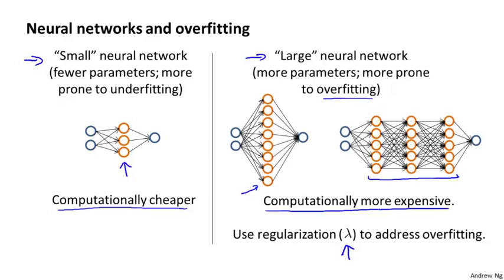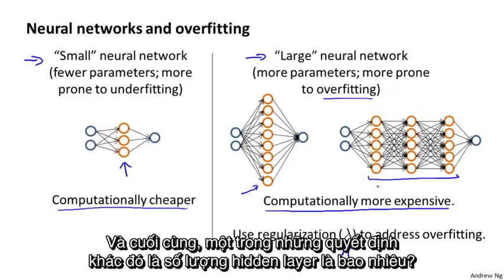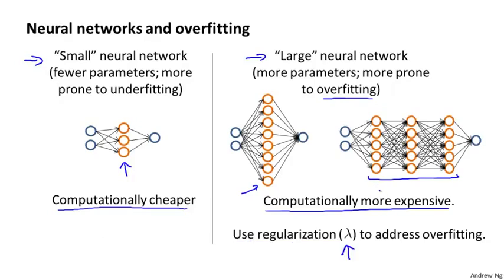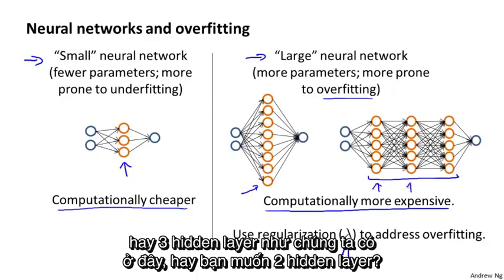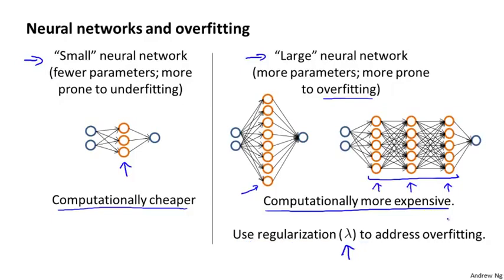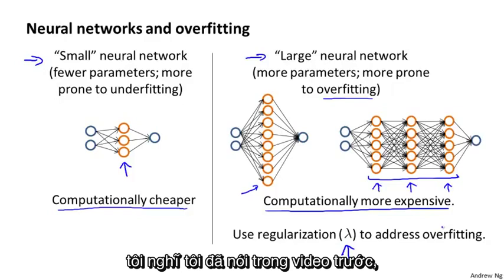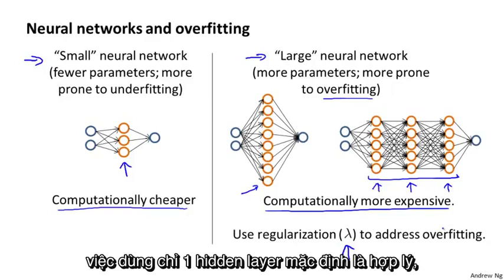And finally, one of the other decisions is the number of hidden layers you want to have. Do you want one hidden layer, or do you want three hidden layers, as I've shown here, or do you want two hidden layers? Usually, as I think I said in the previous video, using a single hidden layer is a reasonable default.